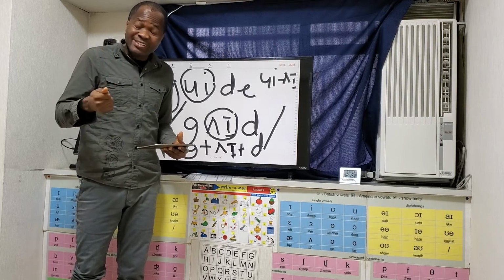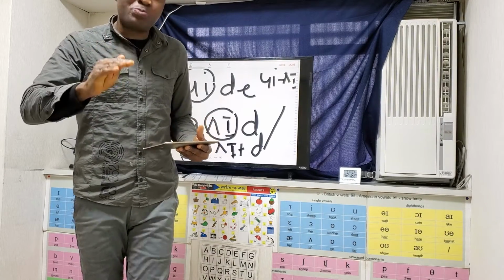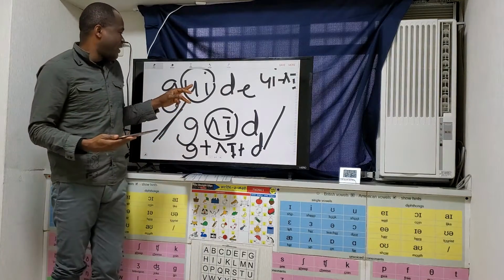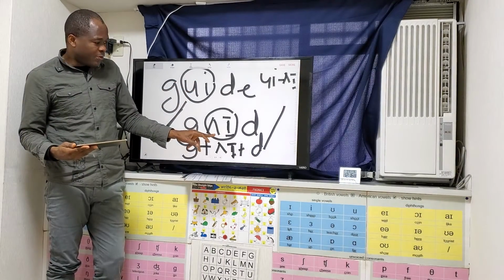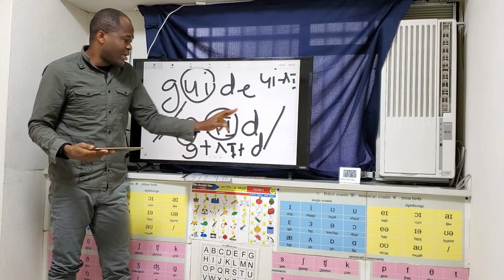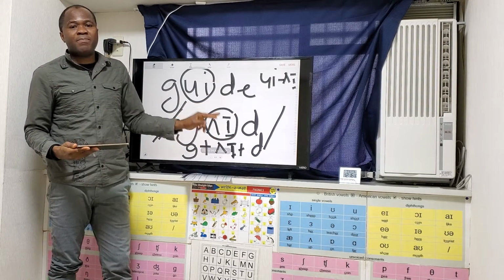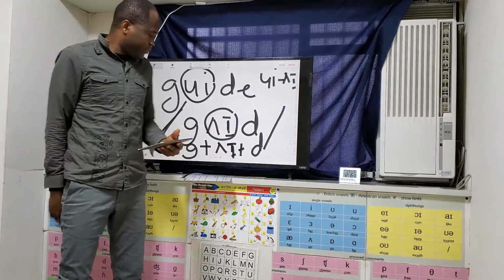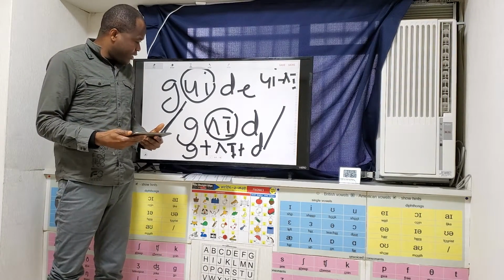So this is grapheme and this is phonemes. This one is actually the IPA. We are using the IPA. Okay? Good. So let's move on and go into more detail.